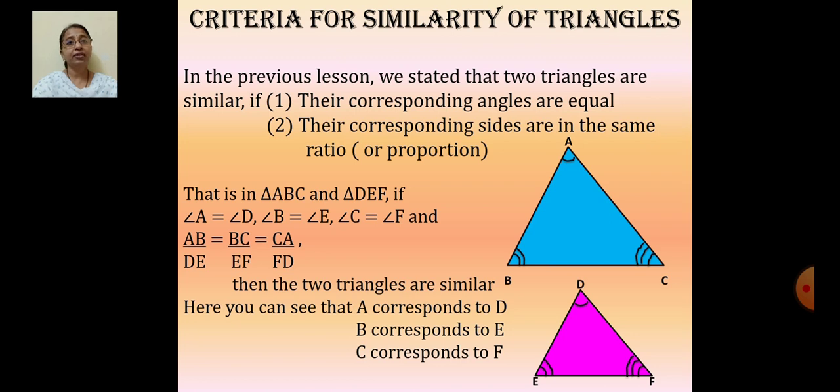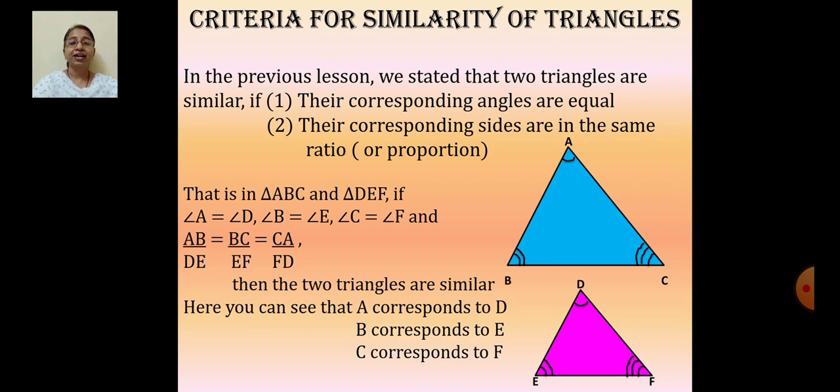Children, in similarity, one-to-one correspondence between the vertices of two triangles is very important, right? But every time it is not possible to get all these six pairs of corresponding parts of two triangles. In 9th standard, we obtained certain criteria for congruence of triangles. Do you remember that?